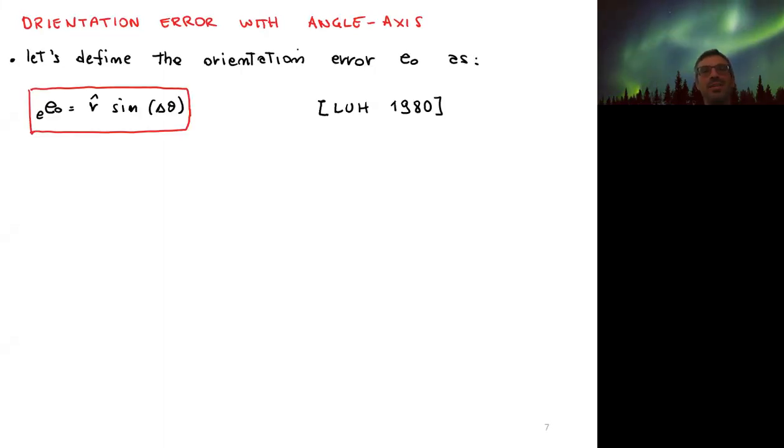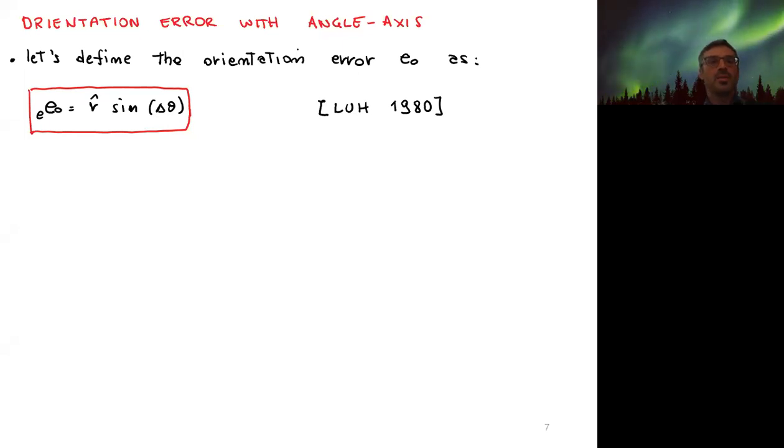The way invented by Luh in the 1980s is this one. Whatever I explain to you is with the angle axis: you have the delta theta scalar, which is the angular rotation around the axis r hat, which is a unit vector.